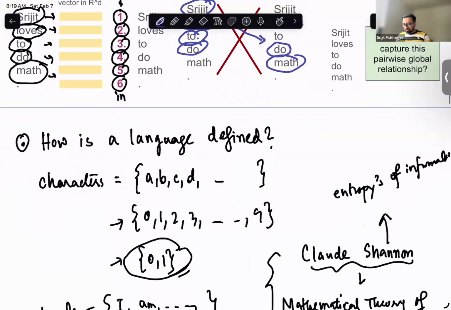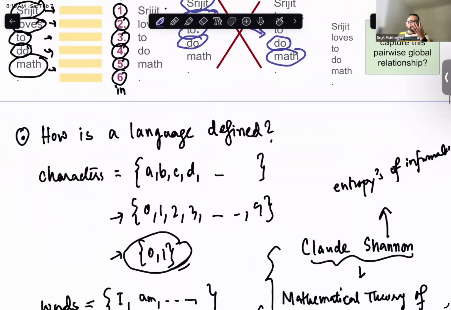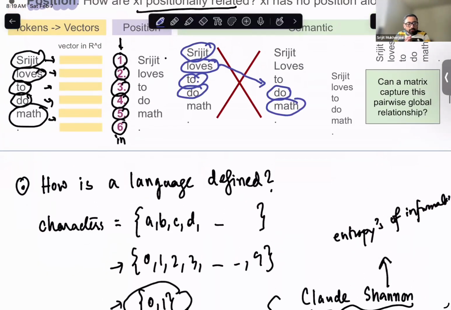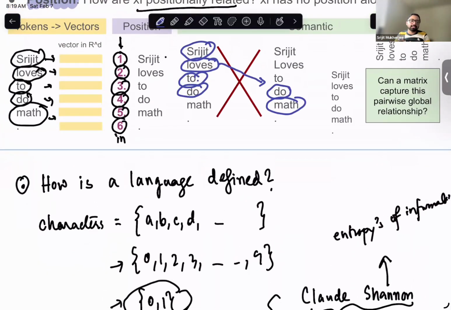So what I want to do is we are understanding binary relationships. So can we express this as a matrix to capture this global relationship, every word to every word?